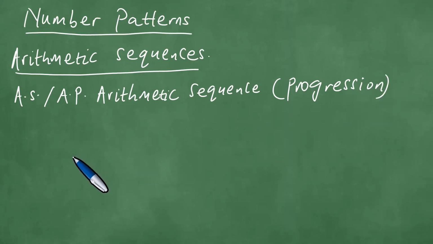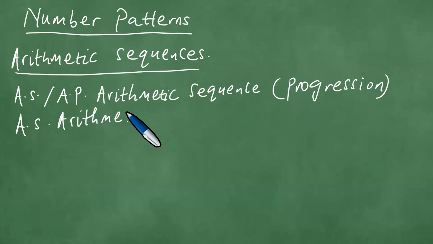In dealing with these arithmetic sequences and series, we shall be looking at the series as well. So we can regard the AS to also refer to what we call the arithmetic series.